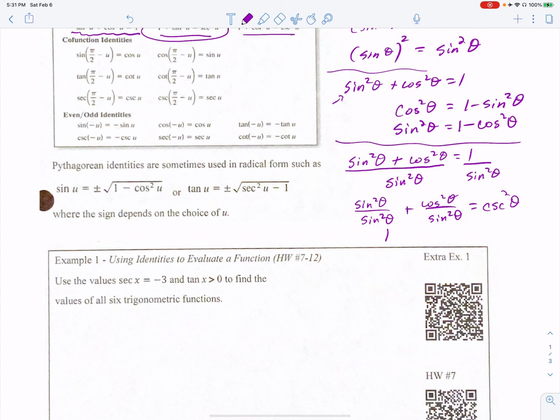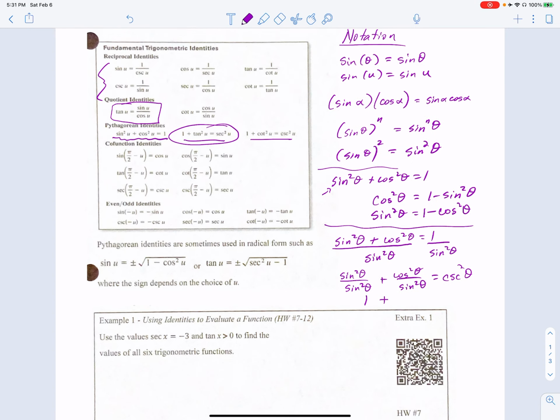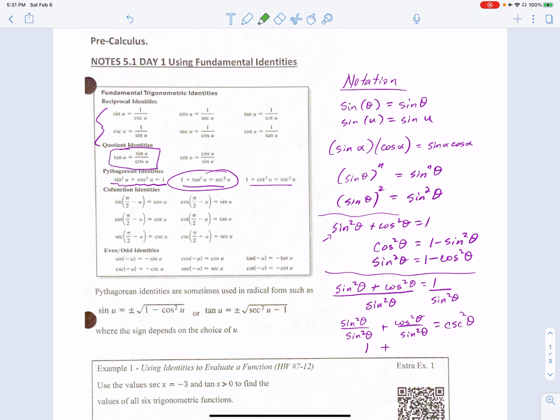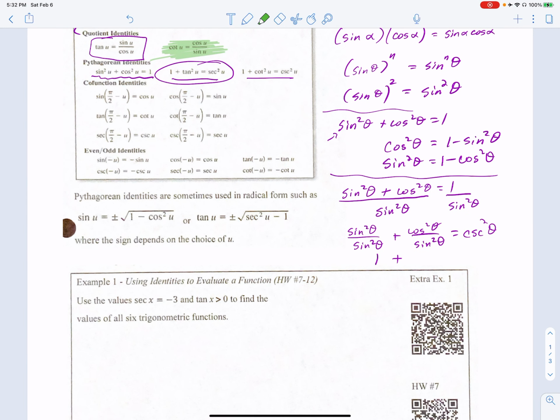And so I get 1 plus, and then cosine over sine, if I go back up here, cosine over sine is cotangent, so cotangent squared.